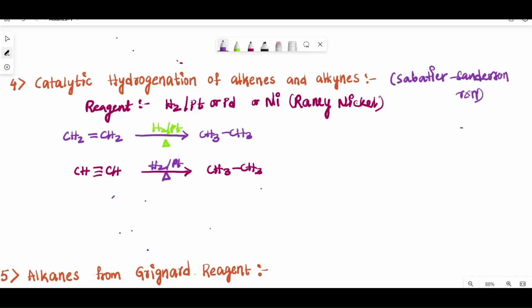This mechanism is also called concerted mechanism. If you want to know the detailed mechanism for these, then let me know through the comment section. Or if you have any doubt after seeing this video, just write in the comment section. I will definitely go through the comments and clear your doubts.